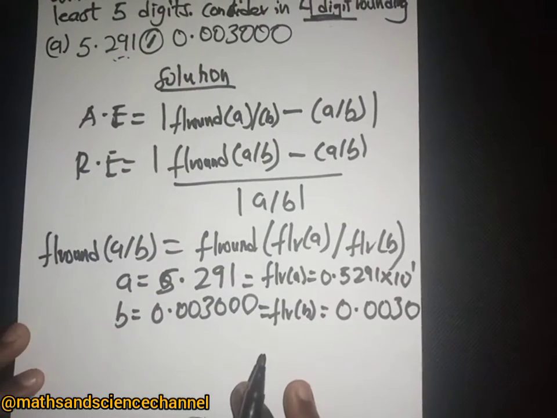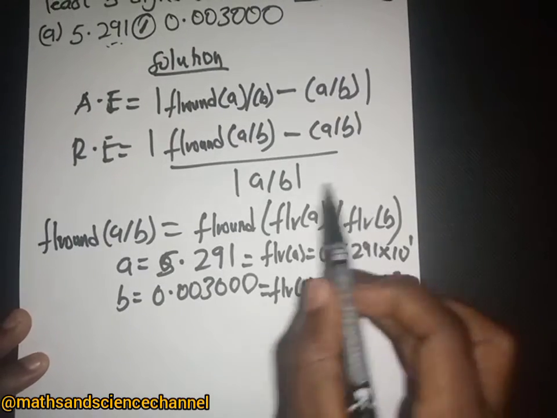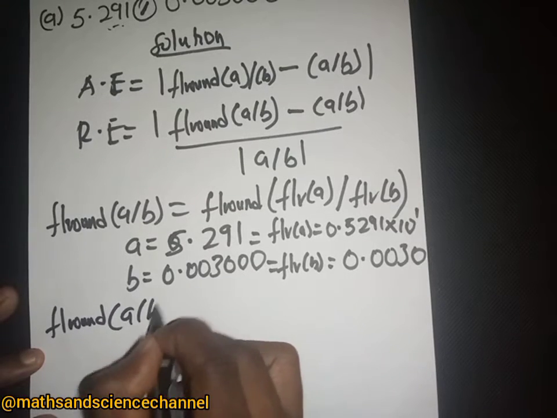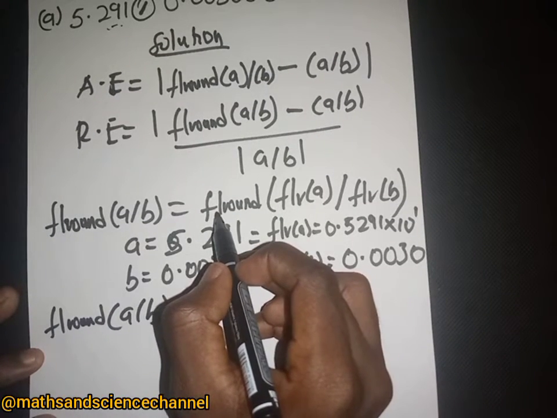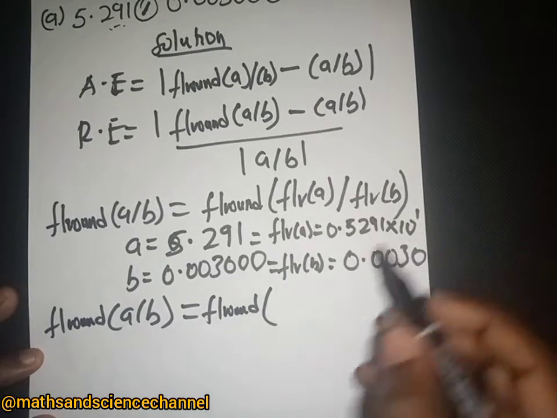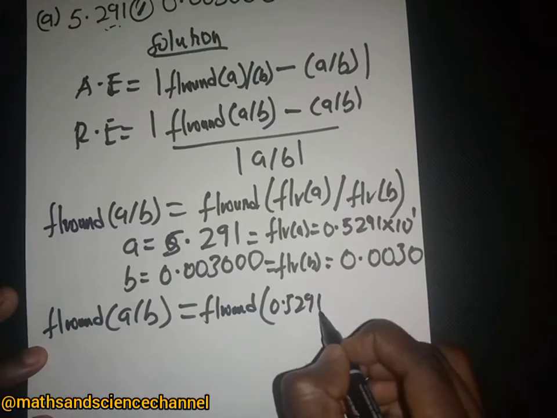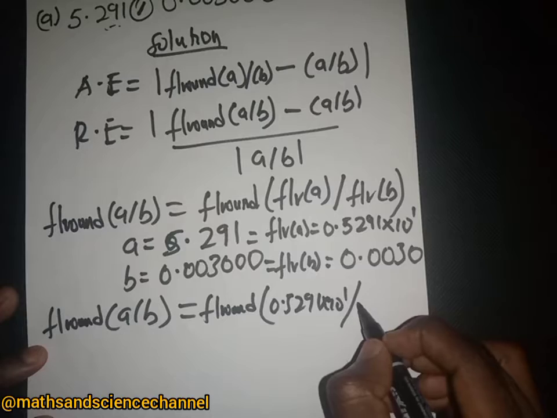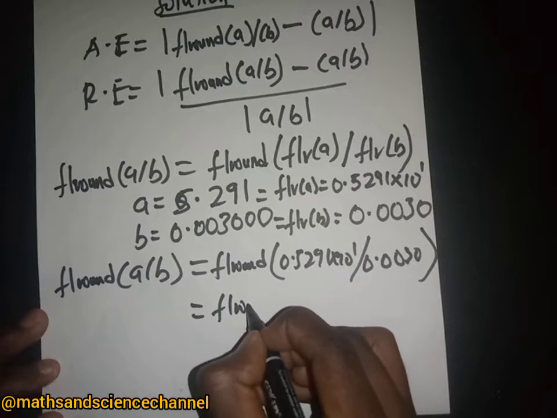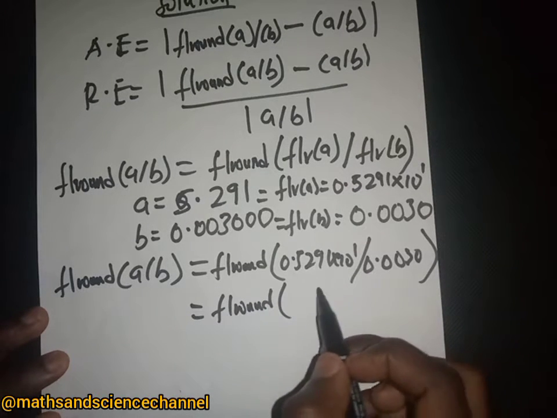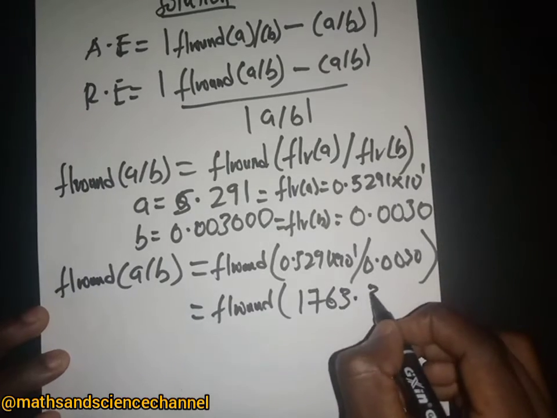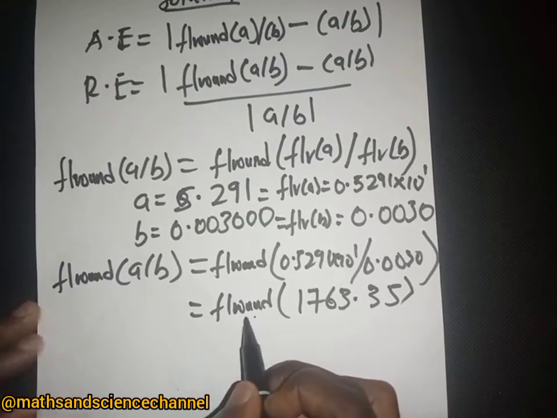Next we substitute this into the formula. The floating round of a divided by b is the floating round of 0.5291 times 10 to the power 1, divided by 0.0030. When we compute this, we get 1763.35, and we have to find the floating round of that.